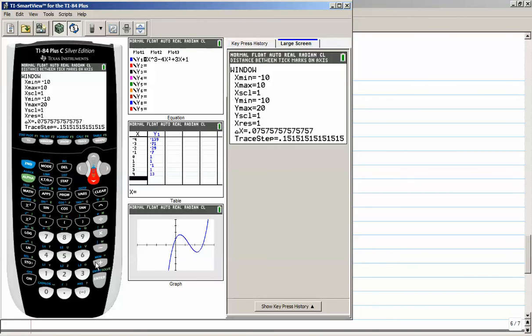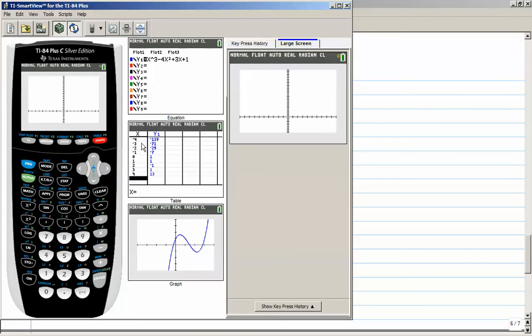Oops. And graph. Okay, now I got it. All right. So, wow, that's a pretty high point right there. But it looks like, so 1, 2, 3, 4, 5. I think I'm going to start making my table at like -6, and it looks like I should probably go up to +2.